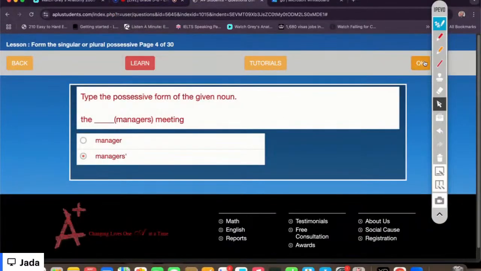So we have managers, so plural possessive. All right, so we have our grandparents' advice, first or second. All right, so we have grandparents.